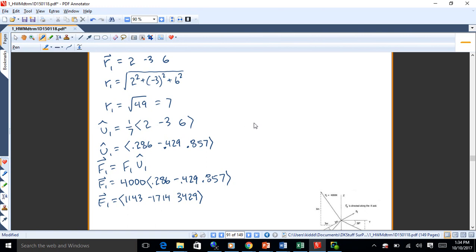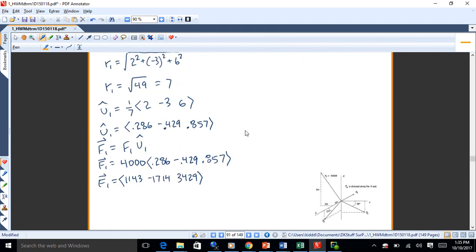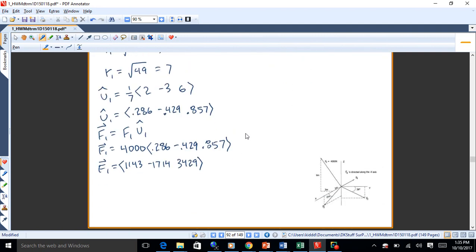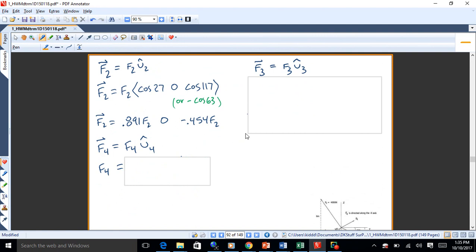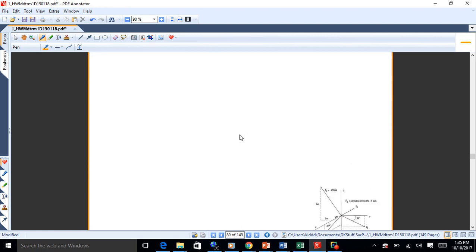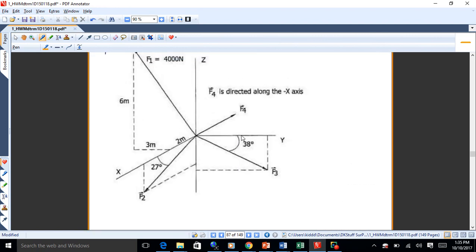Now, once you have F1, you also want to get the others, of course. So there's F2. As we went over with F2, what you've got is a 27-degree angle with the x-axis, and that's just given directly. We know that F2 is in the xz plane, so there's a right angle between that and the y-axis. Regardless of where F2 is in the xz plane, it makes a 90-degree angle with the y-axis.